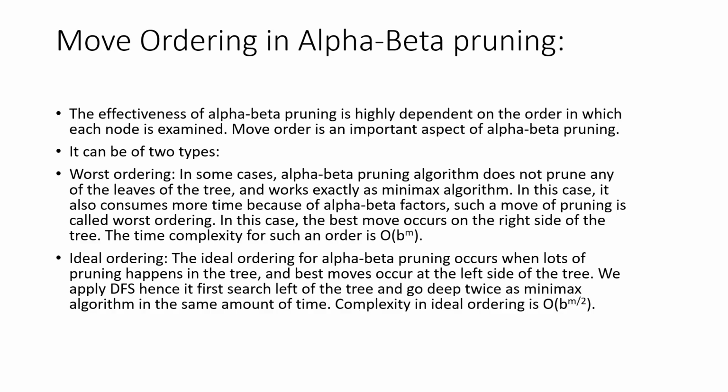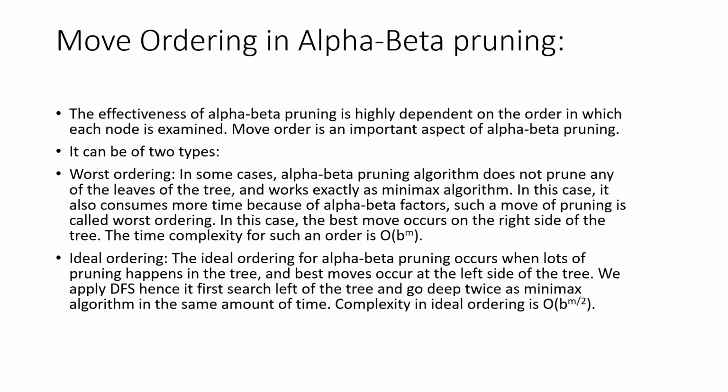Then next is move ordering in alpha beta pruning. So in this example, what we have done is we are starting exploring the child nodes always from the left side. So does the order matter? We know that alpha beta pruning is powerful only if we look at good moves early.